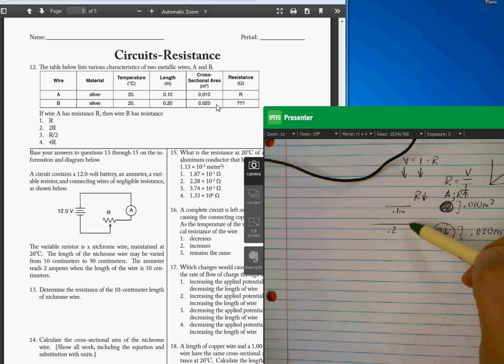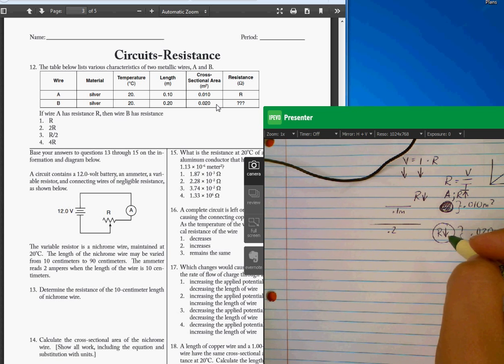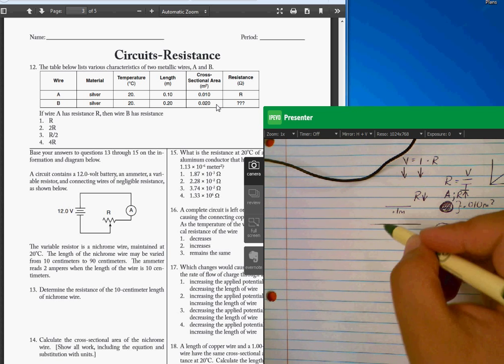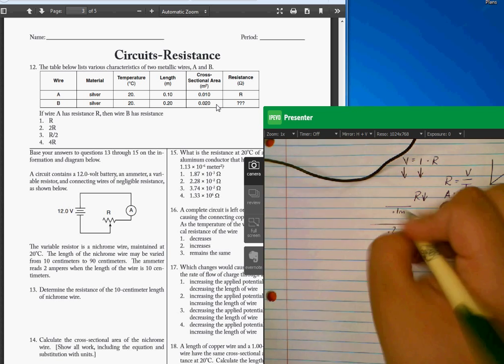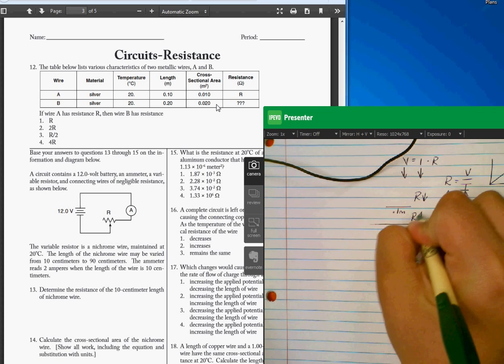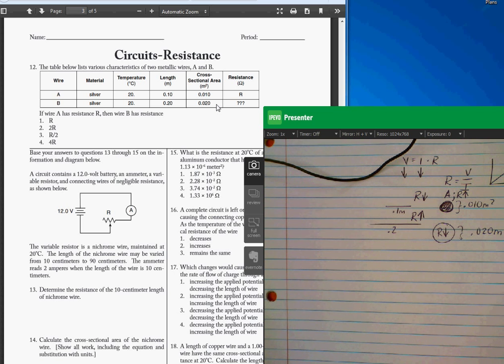If the length of the wire is longer, that means I have more stuff to get through, so my resistance here is going to be greater. So they're opposite based on the resistance. Longer wire, greater resistance. Shorter wire, lower resistance. Smaller area, higher resistance. Larger area, smaller resistance.